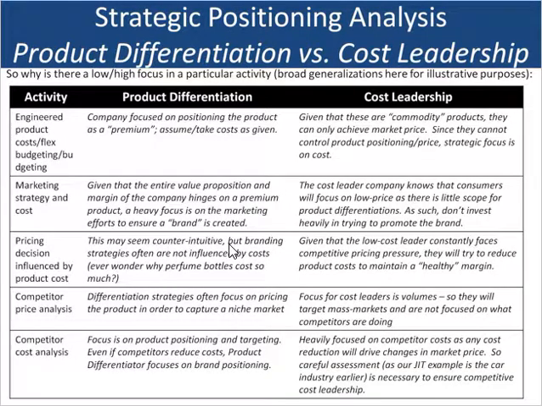One example, just to do a quick walkthrough, is something like pricing decisions and how much they are influenced by product cost. Now, for product differentiators, it may be counterintuitive. You may think that, well, it's really the cost of the product that should be influencing how you price it. Again, in our first lesson, we talked about this concept of target cost.